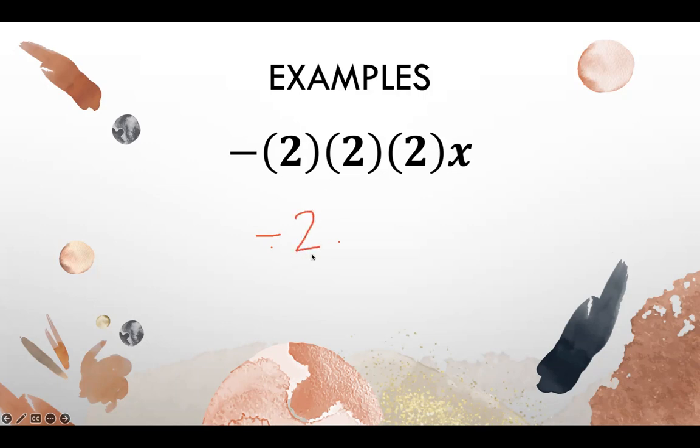So we have the base 2 here, and it is being repeated 3 times, meaning it has an exponent 3. And x is not being repeated, so simply copy x. So we can write this as negative 2 cubed x, or simply negative the quantity of 2 cubed x.